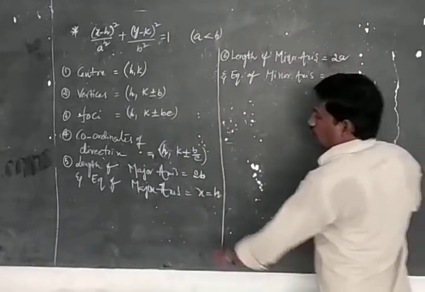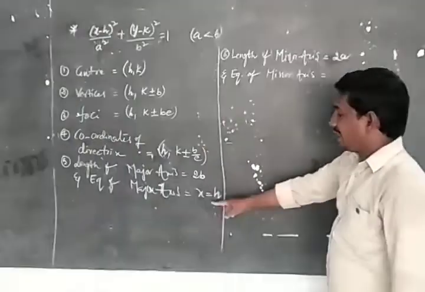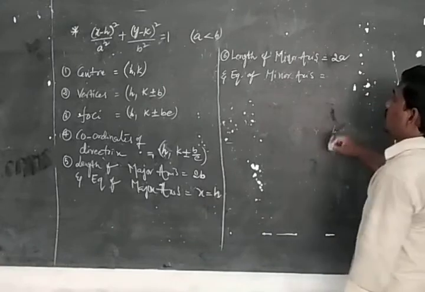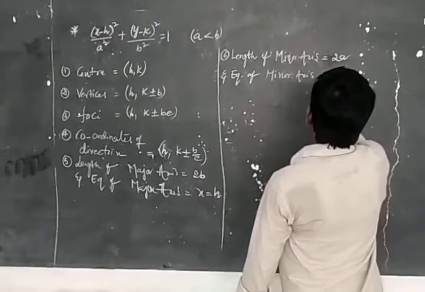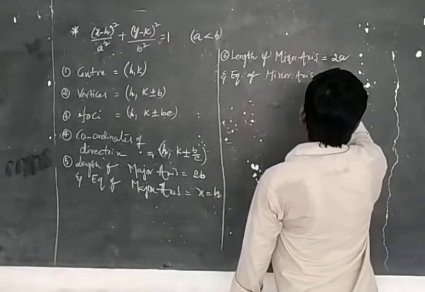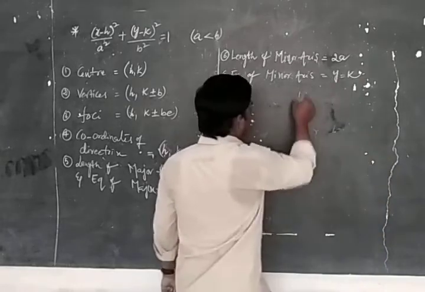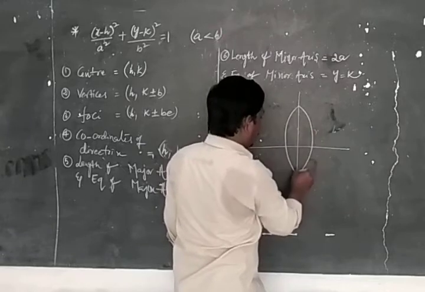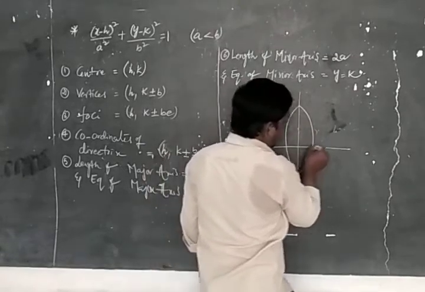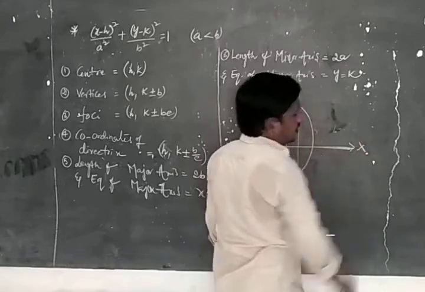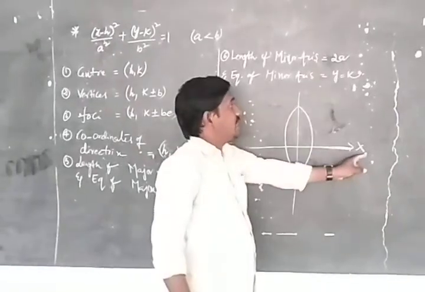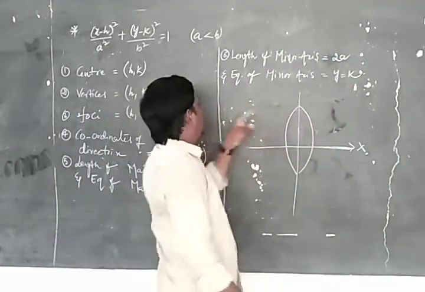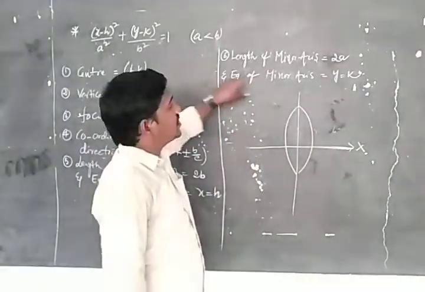So the equation of major axis is x equal to h, but the equation of minor axis is y equal to k. Why? Because this is minor. Which one is it? X axis. The equation of x axis is y equal to 0. But we have to write y equal to k. Why? Because the 0 comma 0 shifted to h comma k.